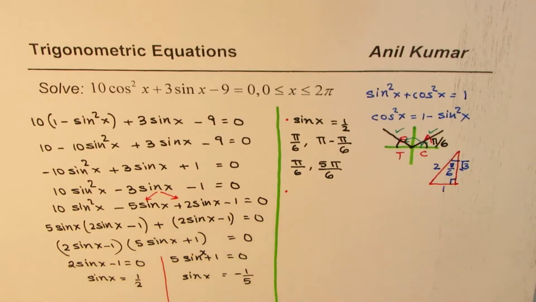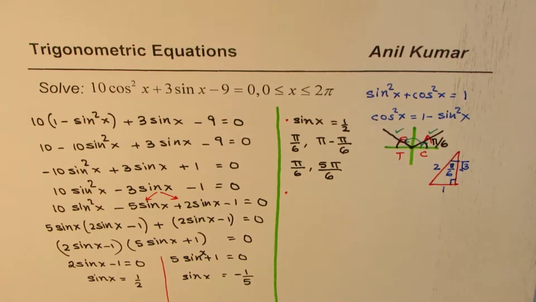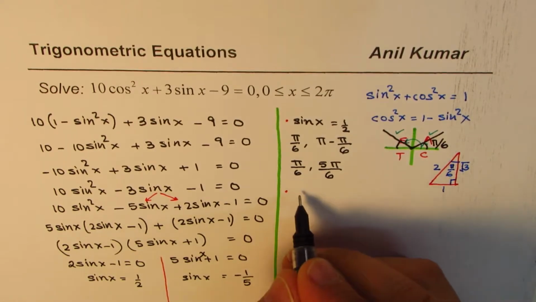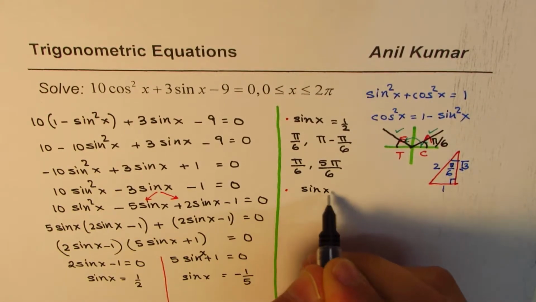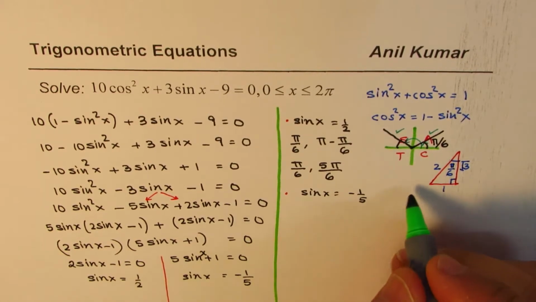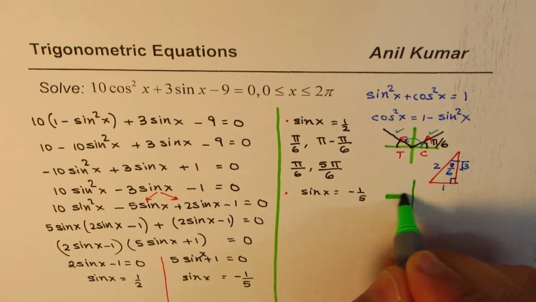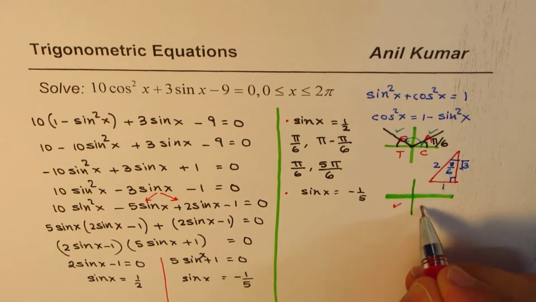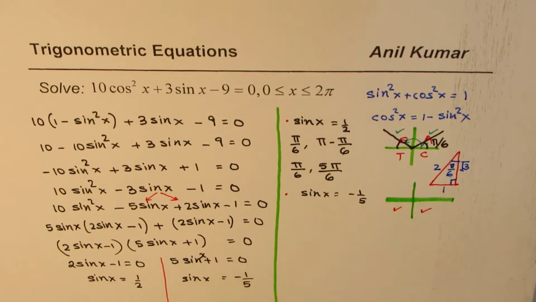Now the next factor is yielding sin x equals to minus 1 over 5. Now sin x is negative in quadrants 3 and 4, right? So we're looking for a solution here, applying the same CAST rule.